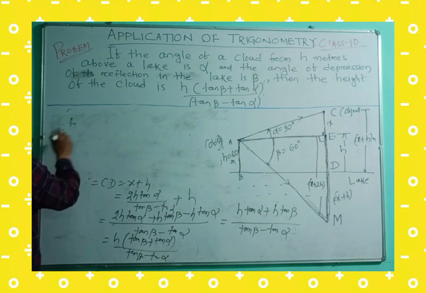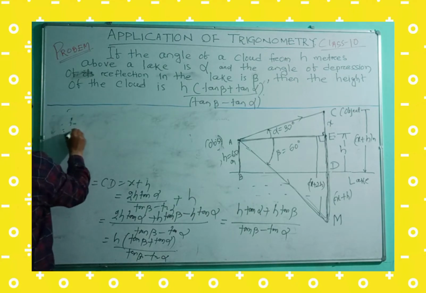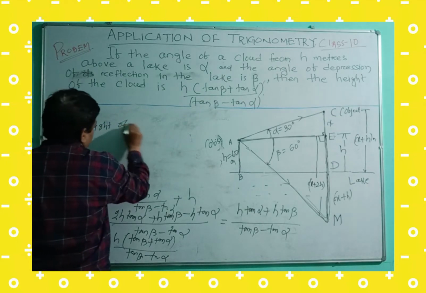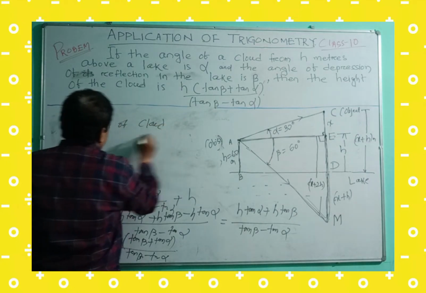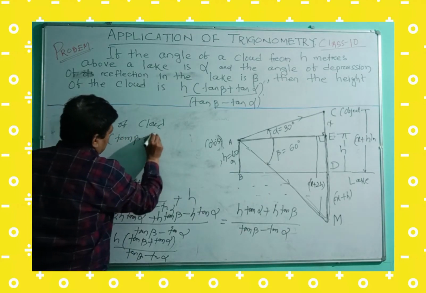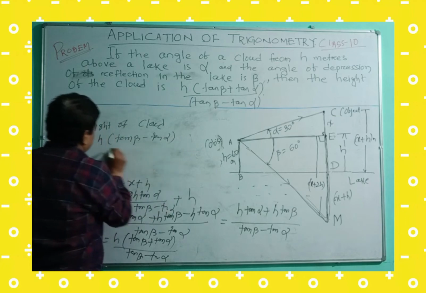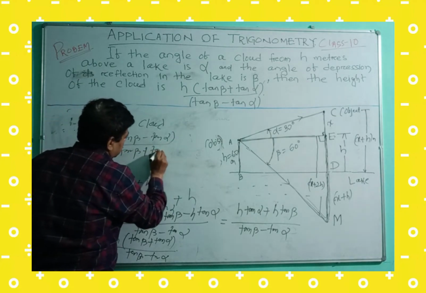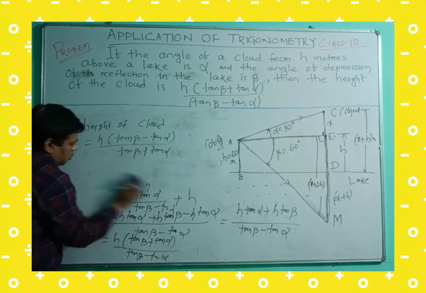So you see now the height of the cloud. Height of the cloud is equal to h whole into tan beta plus tan alpha divided by tan beta minus tan alpha, right? Okay, now put the value here.